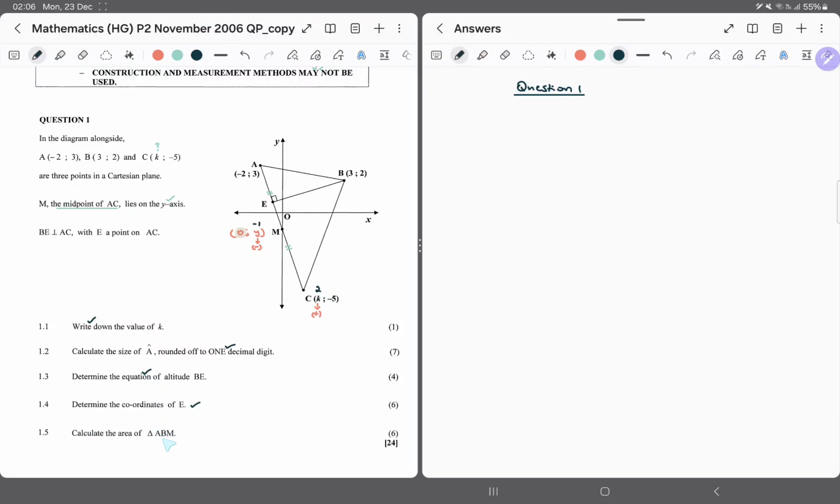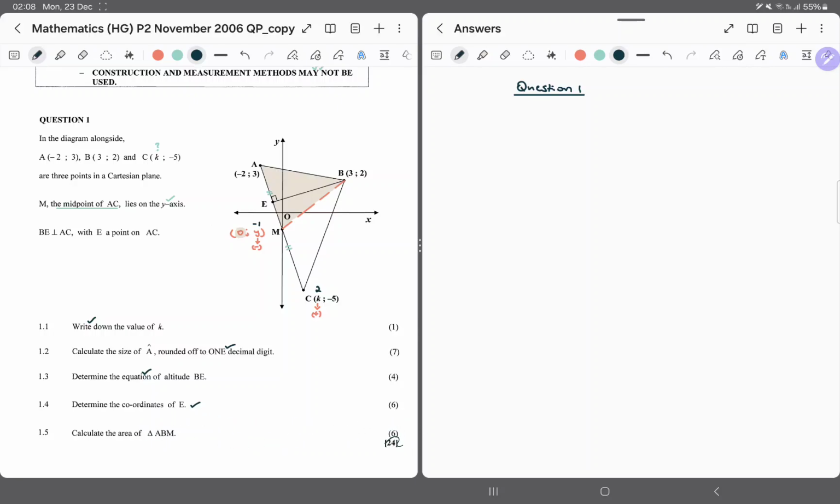Calculate the area of triangle ABM. We can see that this is the triangle. Obviously, we will have the coordinates of E, so we can calculate the side EB. We can also calculate AM by finding the y coordinate at M. If we get that distance, we use the standard area formula.